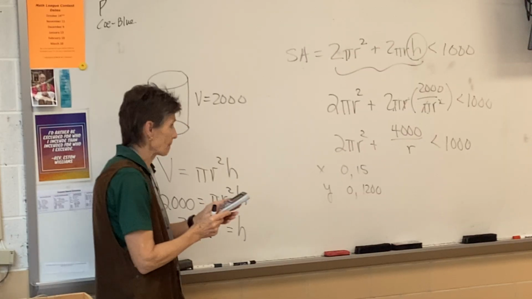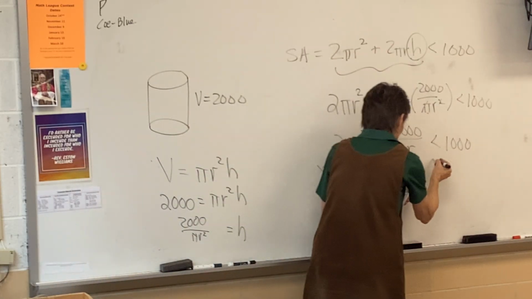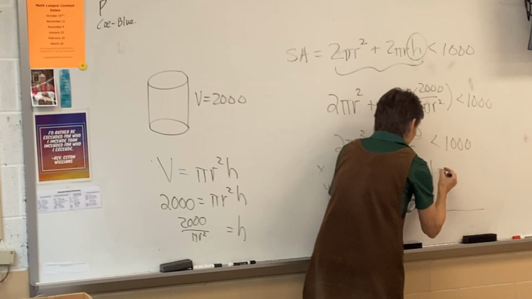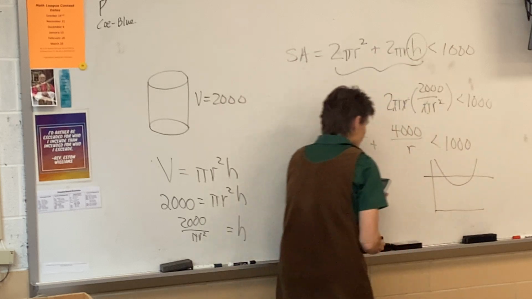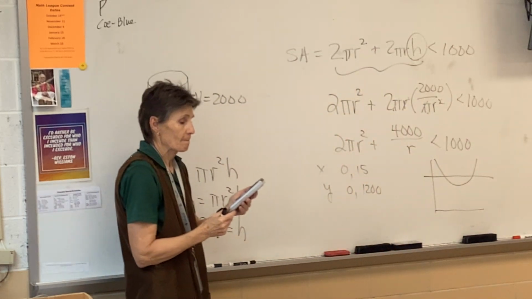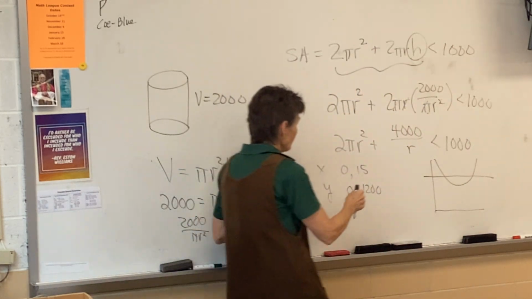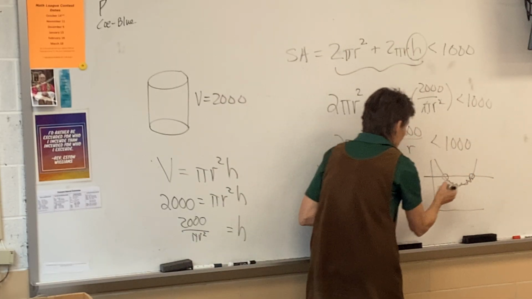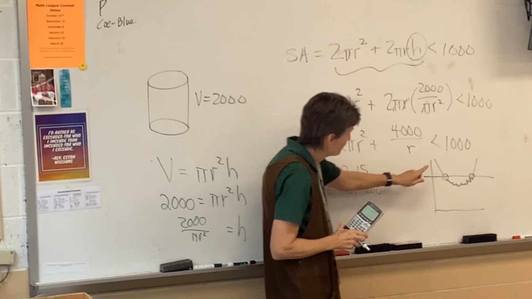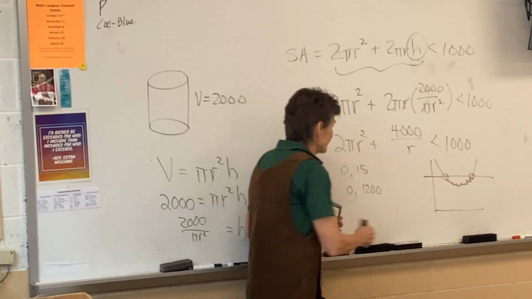I want the part right here, because I want my area to be less than 1,000.